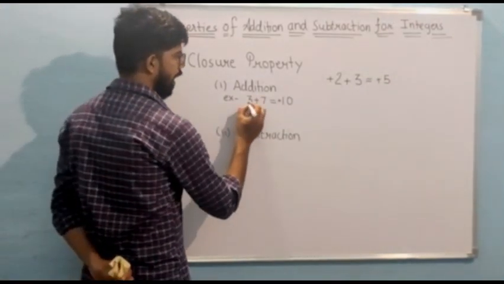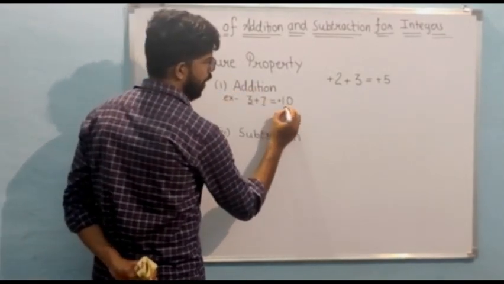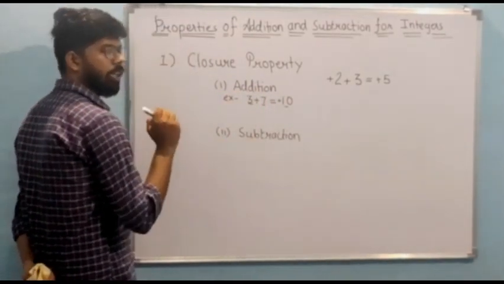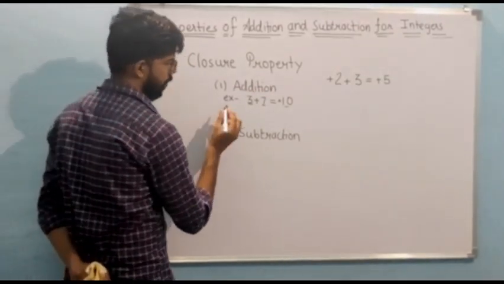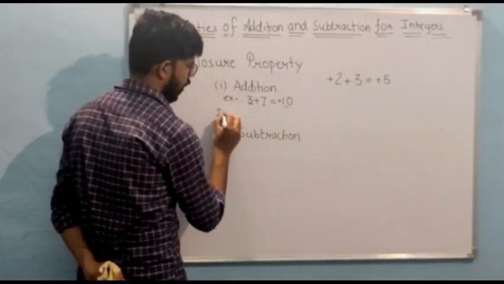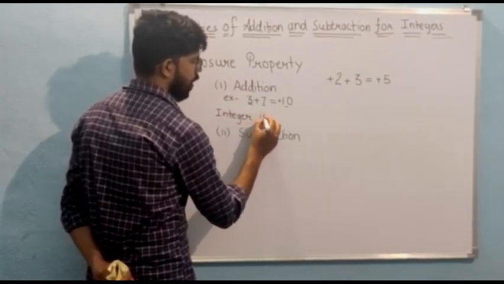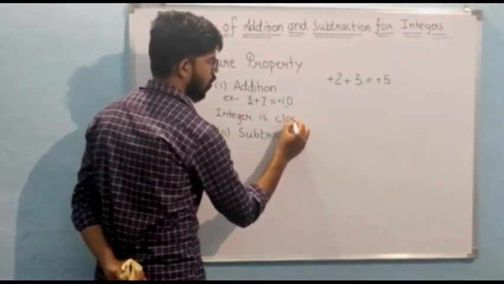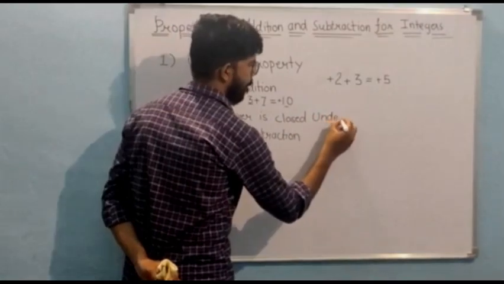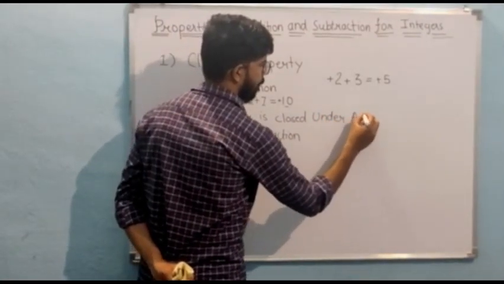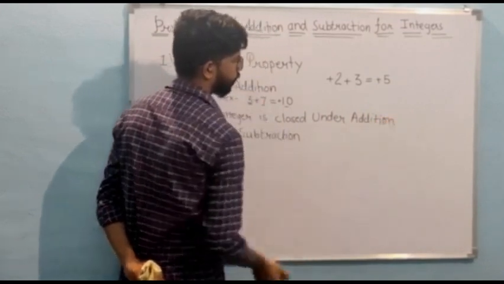So when we add an integer to an integer, we get an integer. So the closure property is followed by addition of integers. So integers are closed under addition.